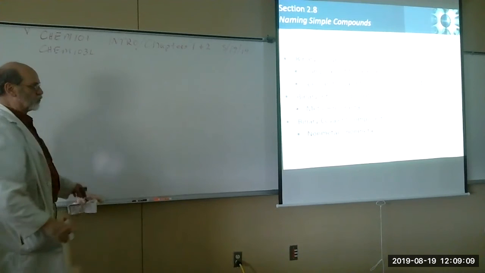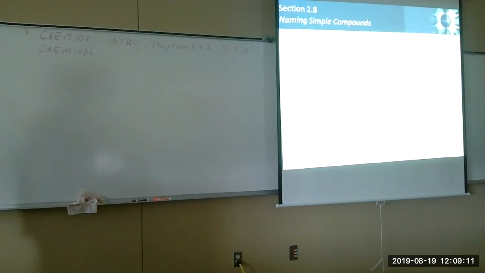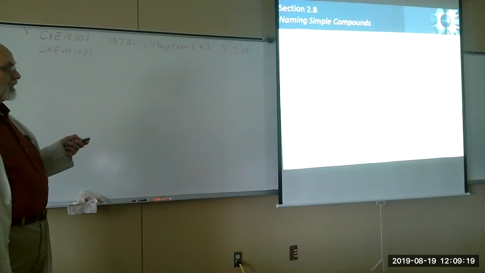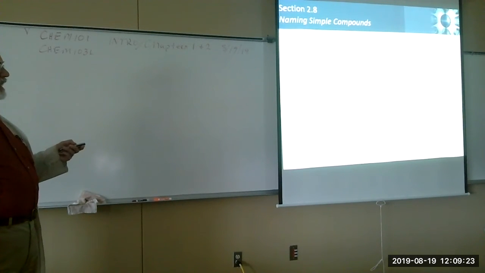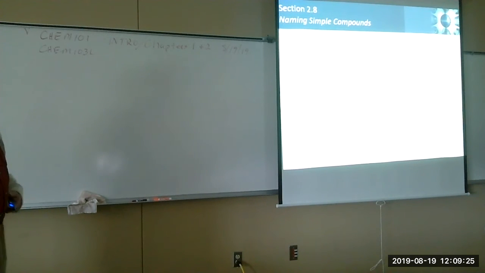Now we need to go through the rules. All right, 3 types. Type 1, the binary ionic compound. Cation is always first, anion second. When you name the compound, the cation is simply the name of the element. So in our example, potassium chloride, potassium, you say potassium.